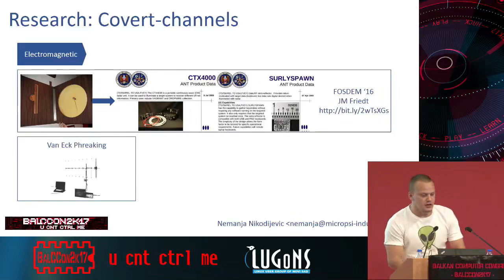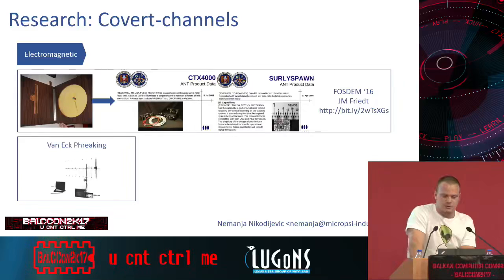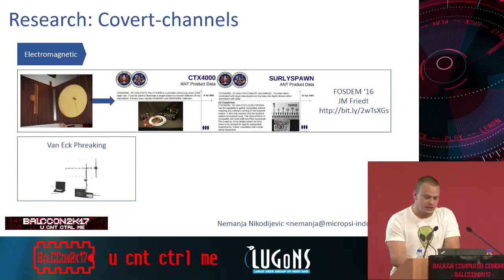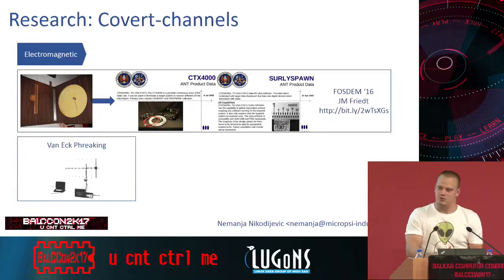On the other hand, in 1985 there was a paper about listening to emanations from a CRT screen and being able to reconstruct the information that is being presented on the screen. It's called Van Eck phreaking, and you don't need to plant a bug inside that TV in order to remotely see what's happening on the screen.